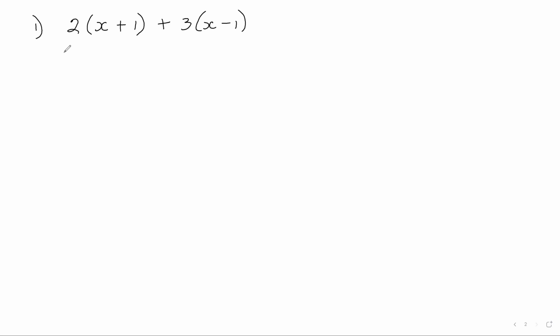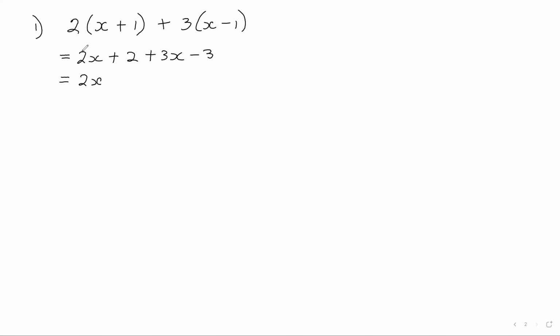I say 2 times x, which is 2x, and 2 times 1 is 2. And then I say 3 times x is 3x, and 3 times negative 1 is minus 3. So then simplifying, I group my like terms. Now you don't have to write it over if you don't want to, but I'm just writing it for explanation purposes, right?